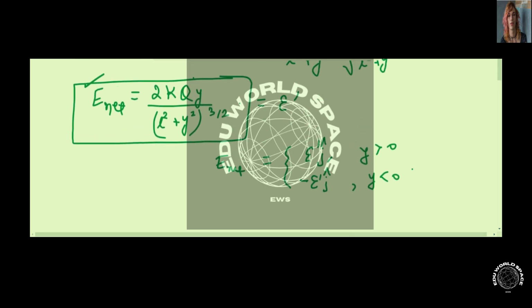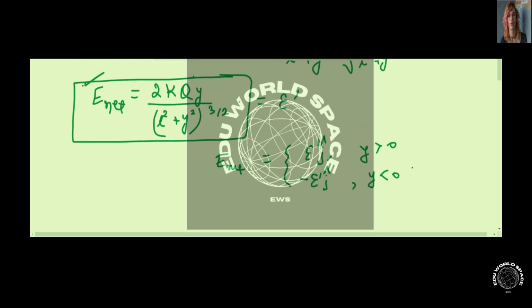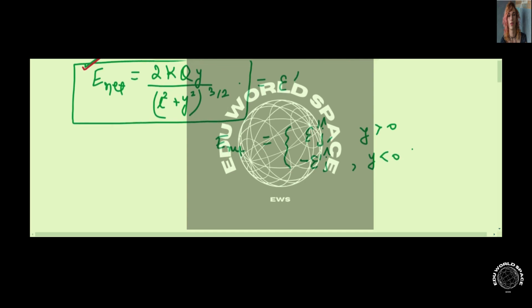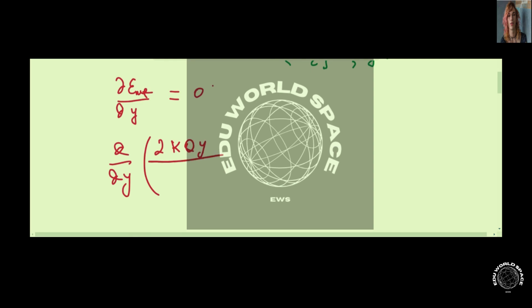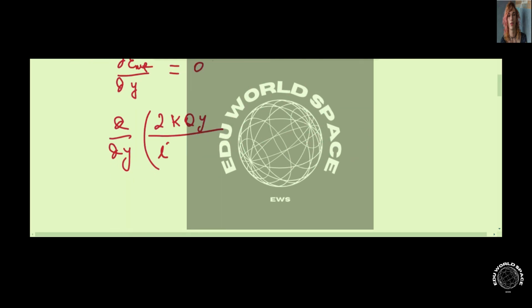What we do here is take the expression of the electric field, differentiate E net with respect to y, and put it equal to 0. So we do d by dy of the electric field expression 2kqy by (L squared plus y squared) raised to 3 by 2.